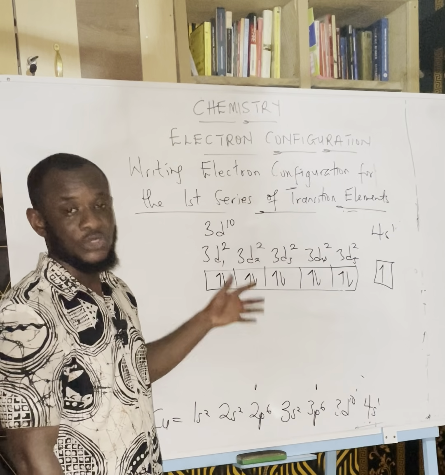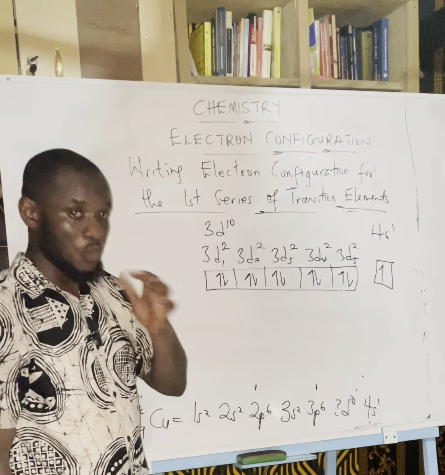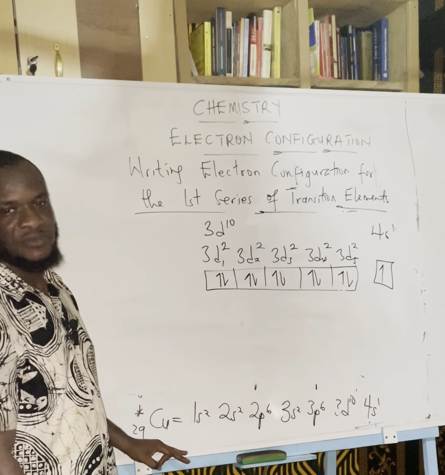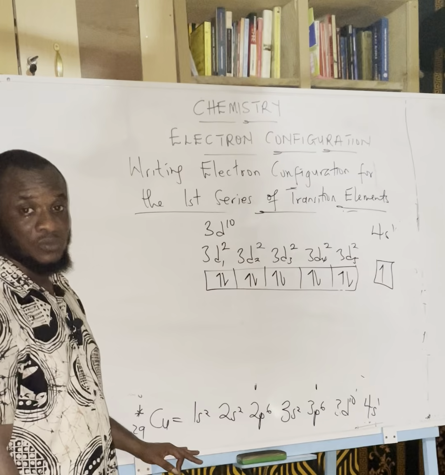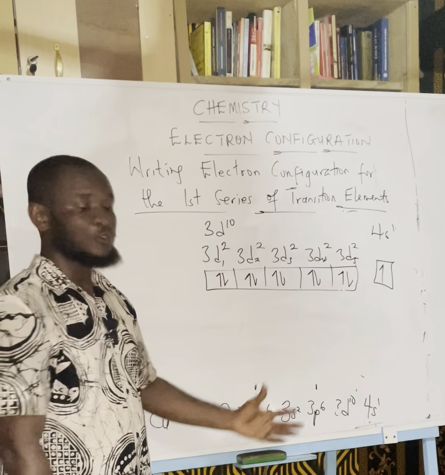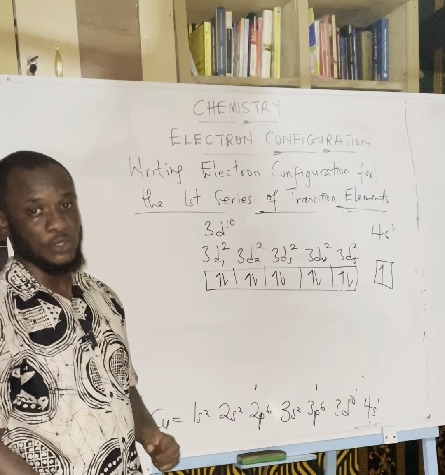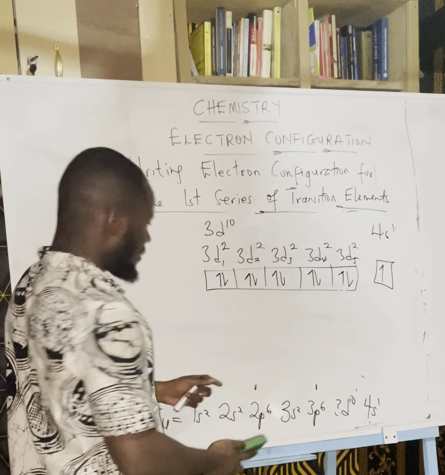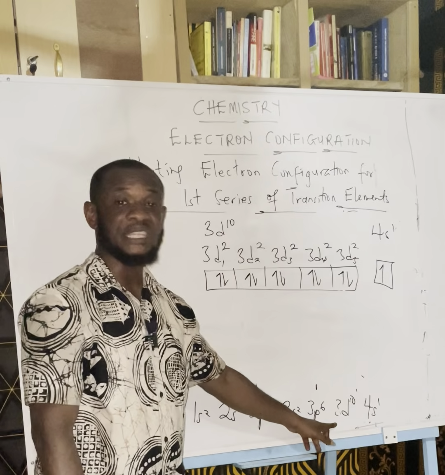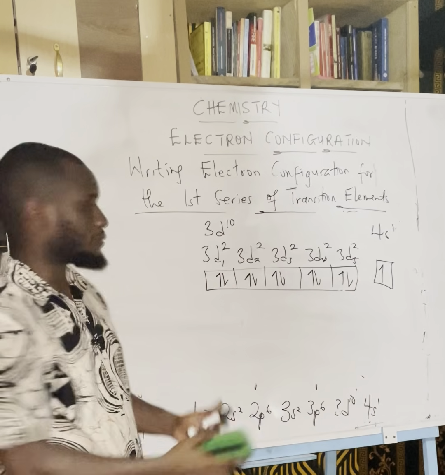Fully filled 3d orbital. So take note, when it goes to chromium and copper, there is an exception due to what we call half filled in chromium and fully filled in copper. Take note. So now, this will be the electron configuration of copper: 3d10 4s1.